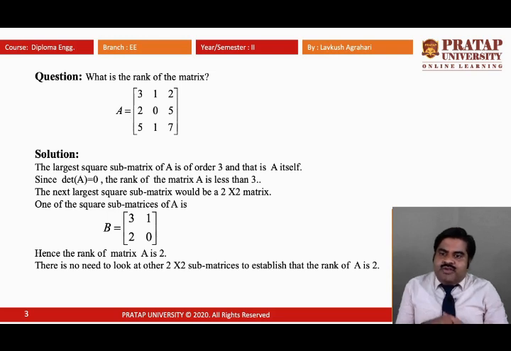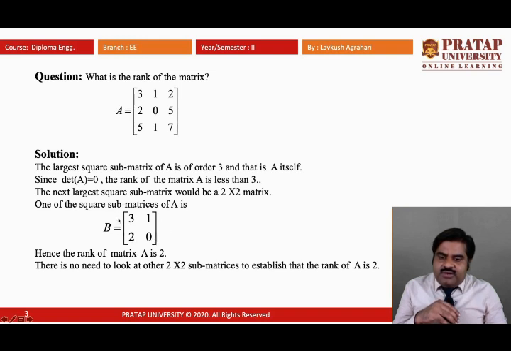So now we move to the smaller minor of the given matrix, which can be a 2 cross 2 matrix. And we have one matrix of order 2 having the determinant not equal to 0, which can be shown in the example by the matrix B. The elements are 3, 1, 2, 0.